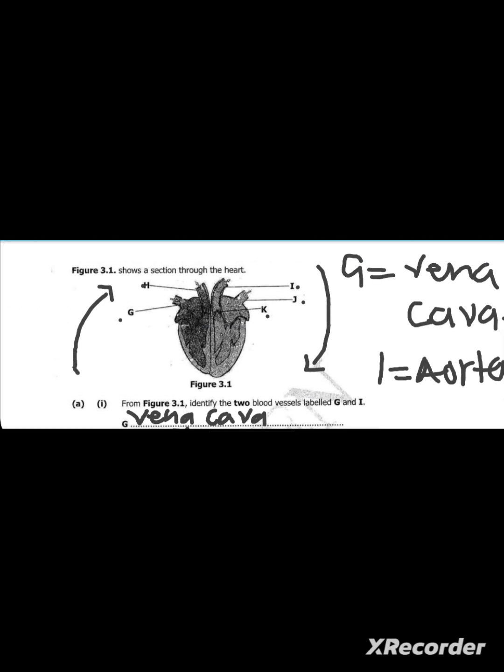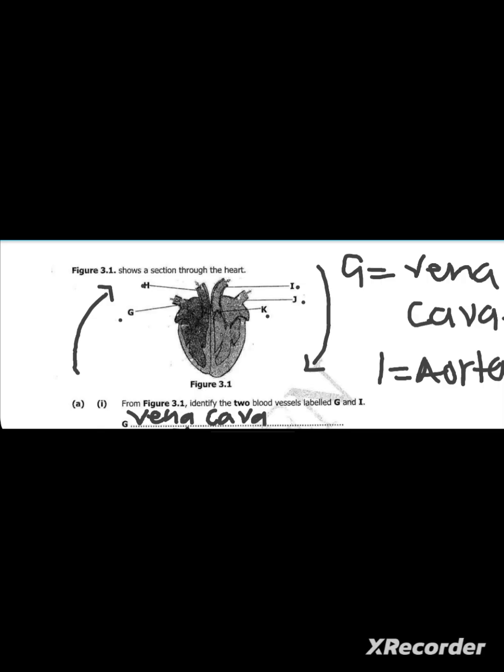Then we have question 3, which is saying identify valve K and state its function. Valve K is an aortic valve.